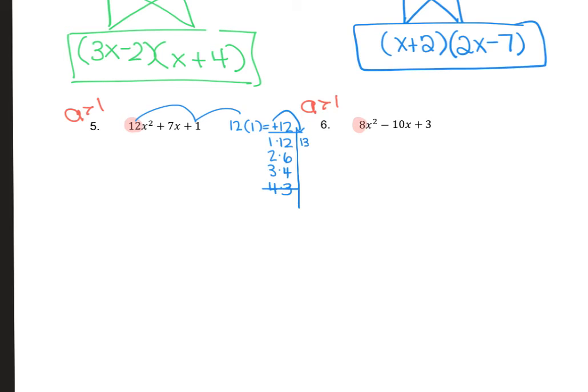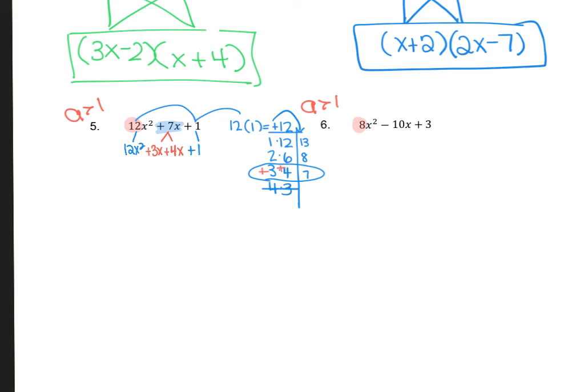So I get 13, I get 8, I get 7. Well, I'm looking for a 7. So I want this, and it's positive, so I want both of those to be positive. So I'm breaking this down into plus 3x plus 4x. And then I'm bringing down the 12x squared and the plus 1, right?